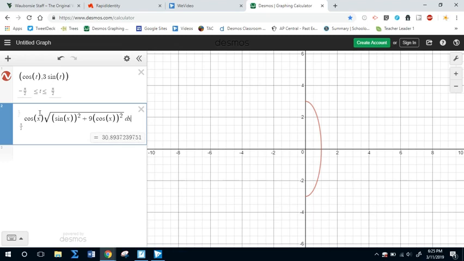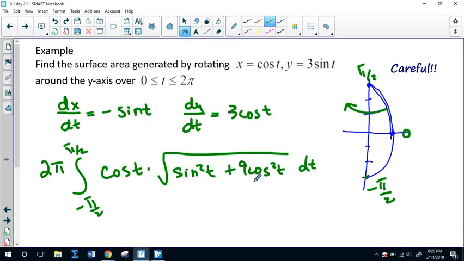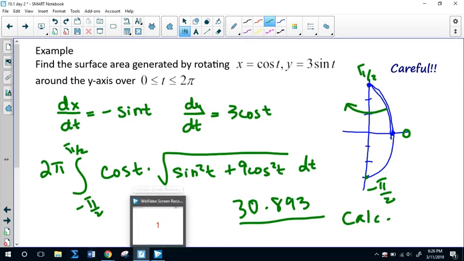And that is the correct answer, 30.893. And this is totally fine. This is definitely a calculator question. All right, hope that made sense. Make sure you ask questions in class tomorrow if you don't understand.